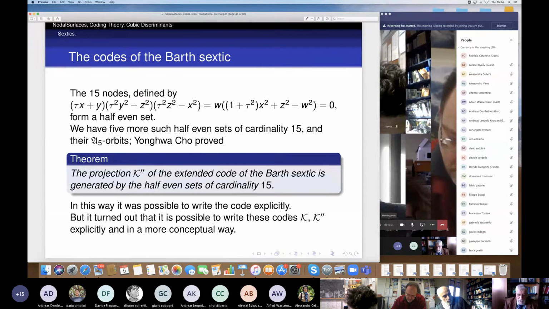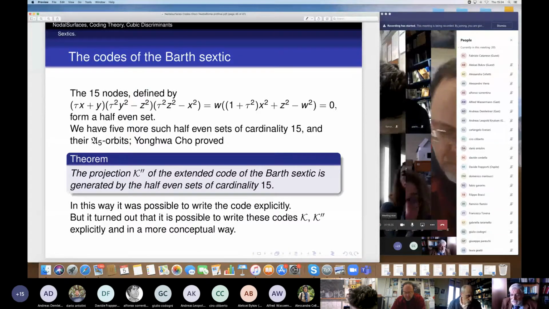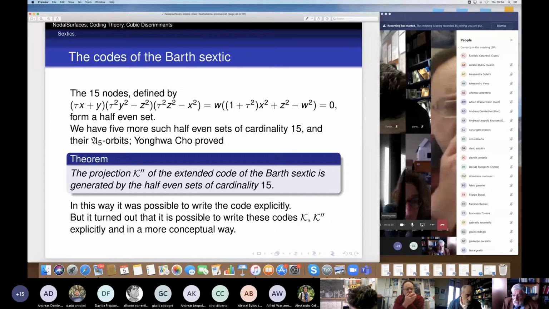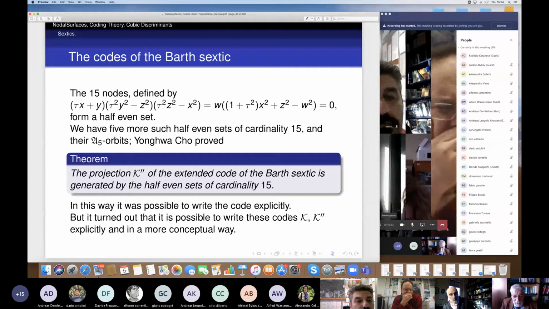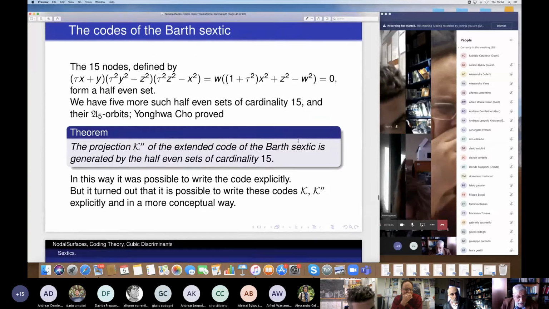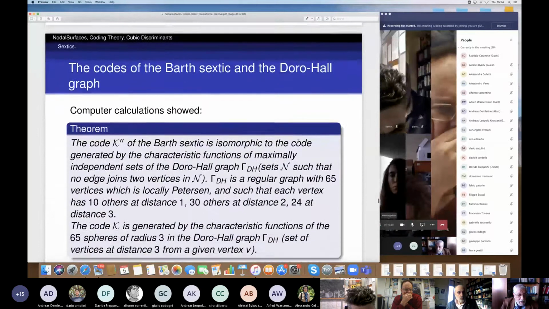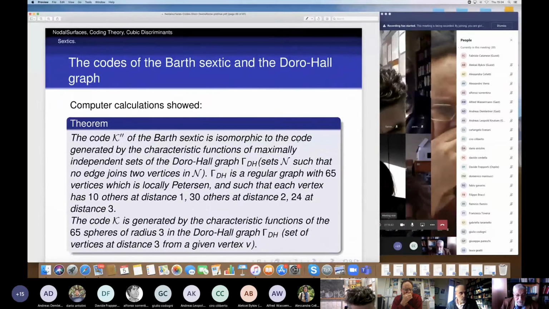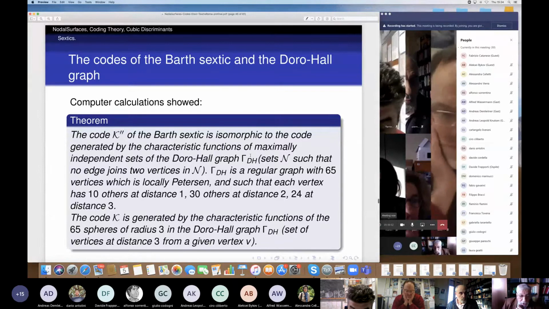However, the question was, well, when I get a computer list, I had some colleagues and I asked them some question, and this for me is not satisfactory. But Kiermaier here in Bayreuth made a very nice observation that the code of the Barth sextic is isomorphic to the code generated by the characteristic functions of maximal independent sets of the Dorr-Hall graph.